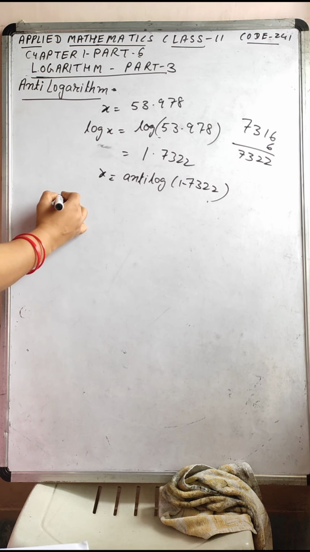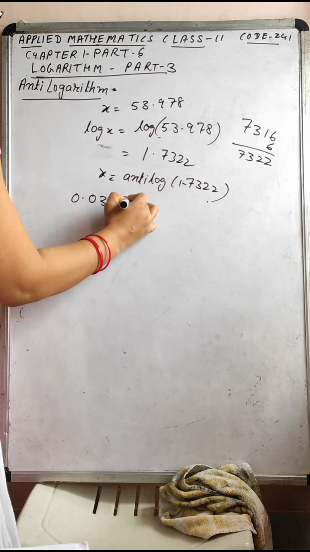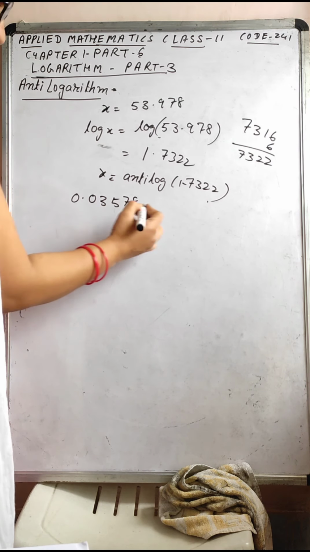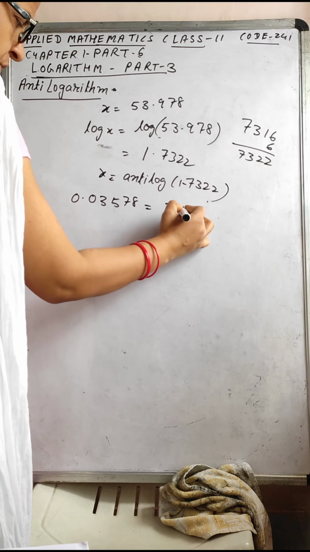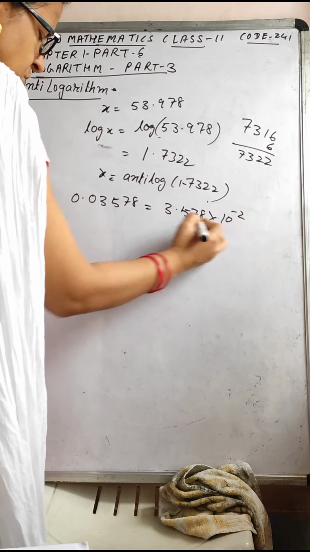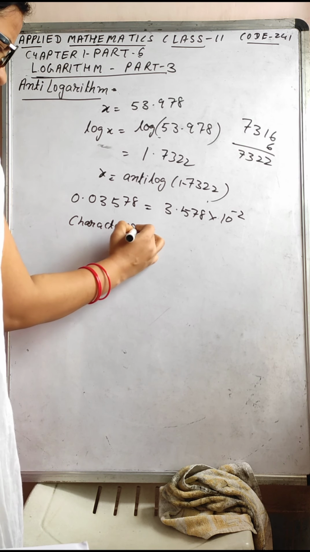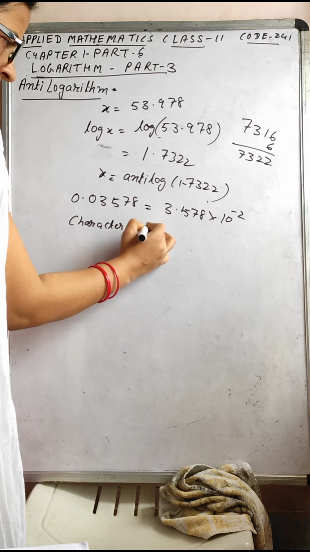Now before explaining how to find the anti-logarithm, children, keep one thing in mind. Suppose any number is 0.03578. Now if we write this in scientific notation, this is 3.578 into 10 to the power minus 2. So the characteristic over here is minus 2.